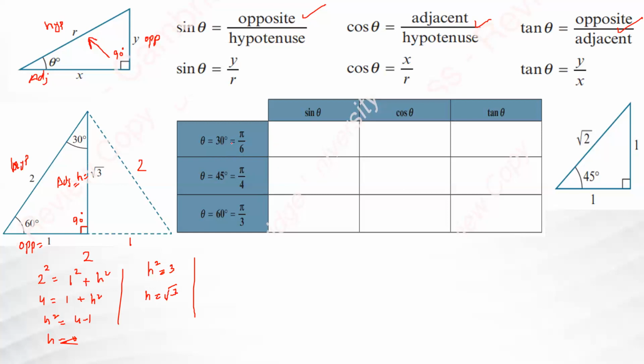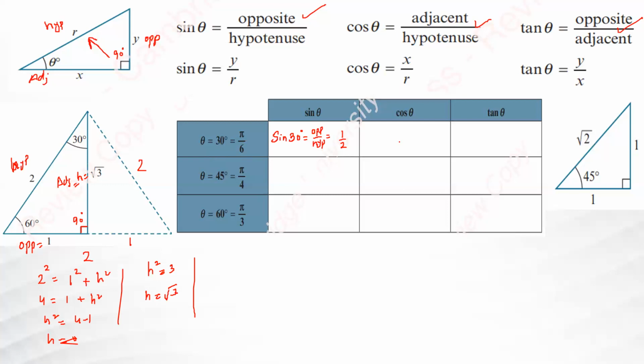Sine 30, or in radians pi over 6, we can say that sine 30 degrees is equal to opposite over hypotenuse. Opposite we have 1, over 2.